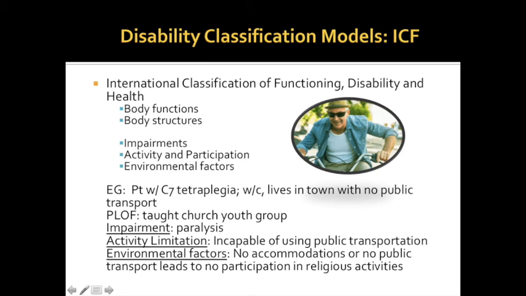Do they have support? Access to resources? Can they afford the latest, greatest technology to help them? In this model, disability results from impairment. And disability is any restriction of the ability to perform an activity in what is considered a normal range for any human being.